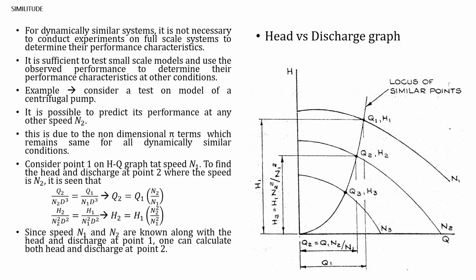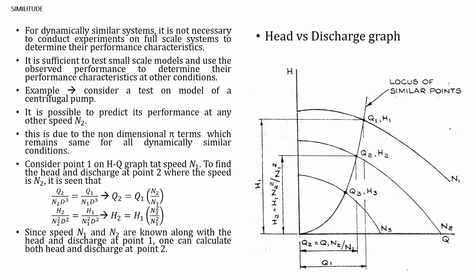And even on the model, it is not necessary to conduct n number of experiments. So here the pi terms, the dimensionless parameters, will play an important role. I'll take up an example, and you will understand the importance of these pi terms and the importance of similitude.